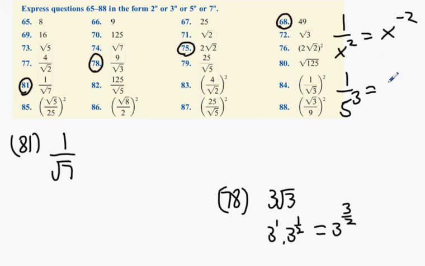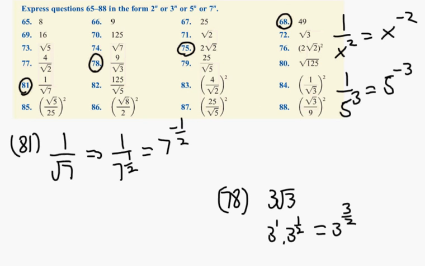Anybody? 5 to the power of minus 3. Therefore, 1 over root 7 is the same thing as 1 over 7 to the power of a half, which, using this rule in the corner, is the same thing as 7 to the power of minus a half.